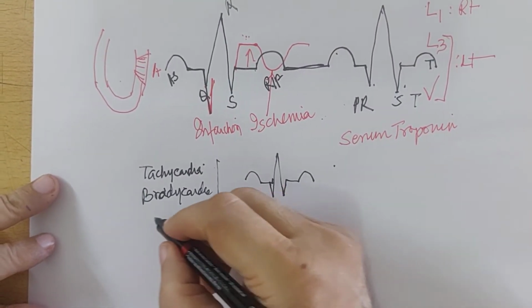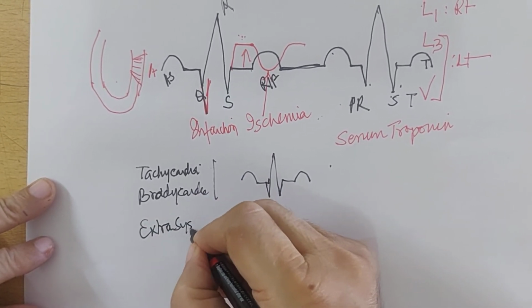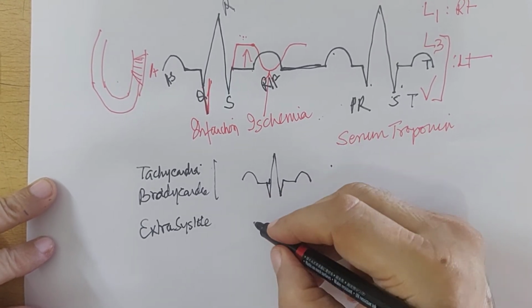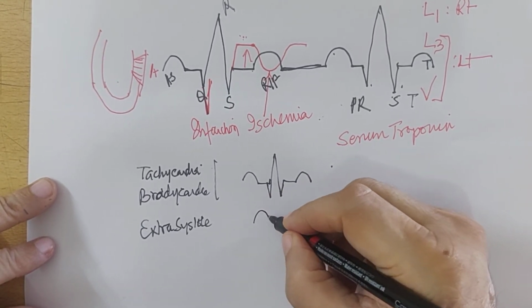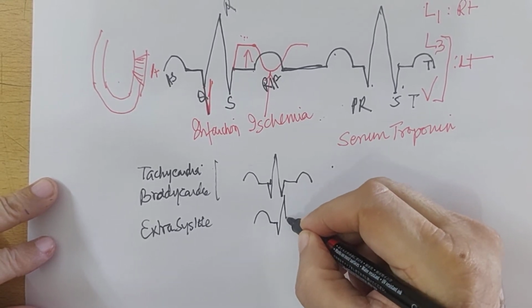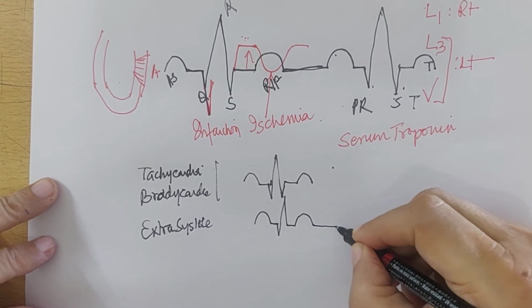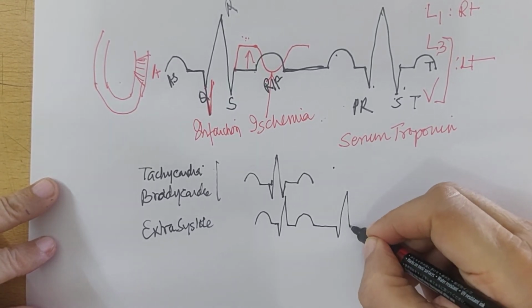Then there can be an extrasystole, and there you have a P wave, a QRS, and then you have a QRS complex without a P wave.